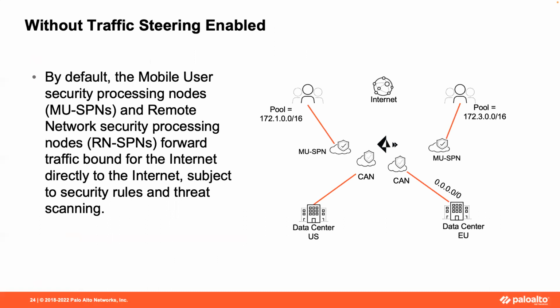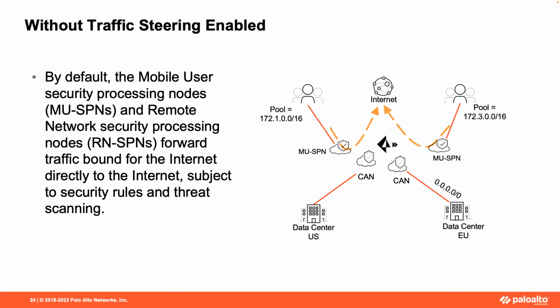So if we look at this, mobile users go through a mobile user security processing node, right? That's the firewall in the cloud for them. And remote network users go through a remote network SPN. Both of those, by default, go out to the internet. We do security and then clear them, and then they go to the internet.